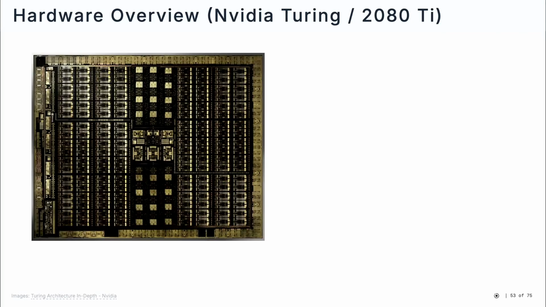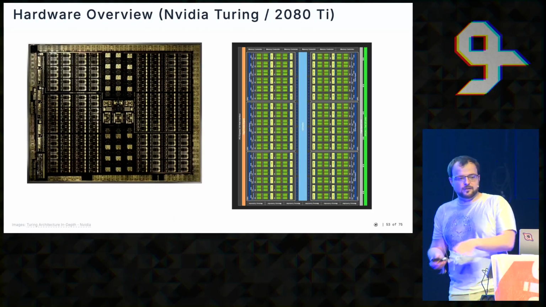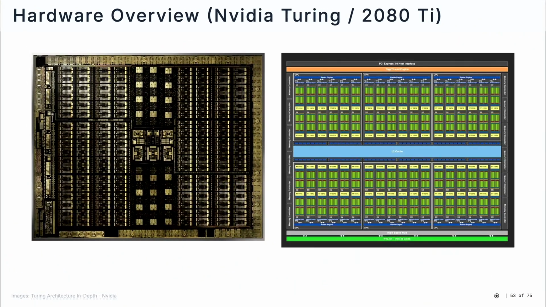And zooming in on that, this is what one of those dies would look like. I think this is not a photorealistic die shot, but I'm not entirely sure. But to work more effectively with this, this is a schematic representation of the same thing. To make this a little bit easier to see, let's rotate that.